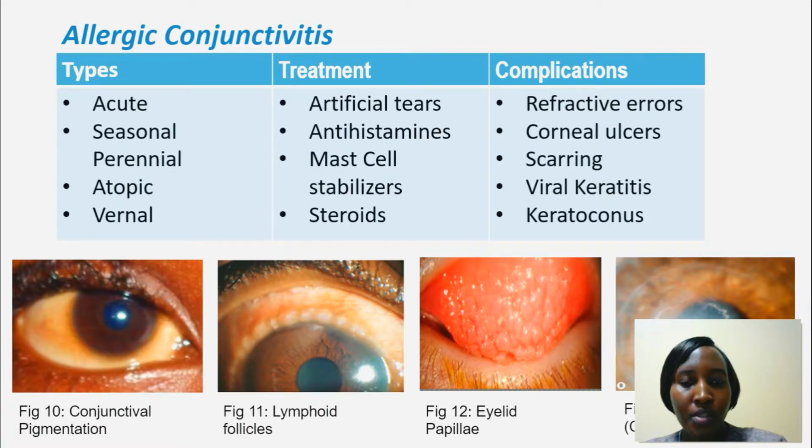It also predisposes to viral keratitis, that is a viral infection of the cornea, and because of repeated rubbing from the allergy, it can predispose to a very serious condition called keratoconus. And this occurs when the cornea, because of too much rubbing, thins out and bulges out, and this, if it's not addressed in time, can lead to perforation and scarring.